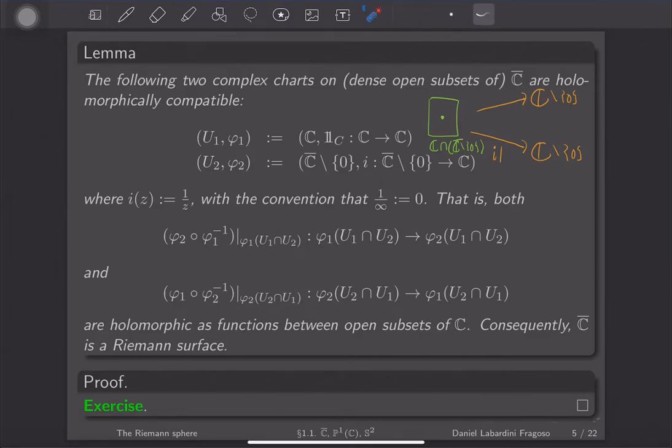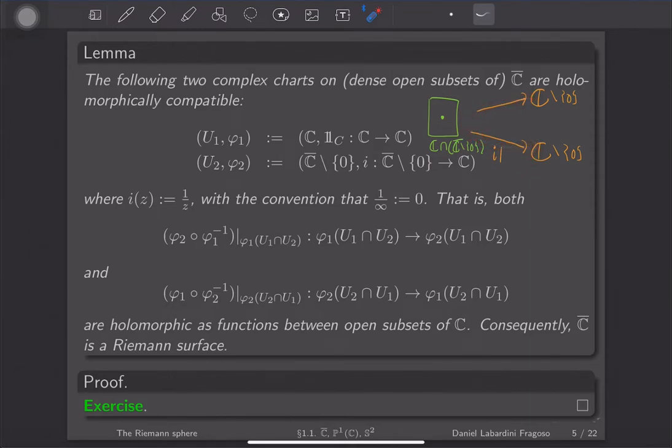And the point is that this composition, which is the change of coordinates, is holomorphic, right? And that's when I call two charts holomorphically compatible, when the transition functions or the change of coordinates are holomorphic.